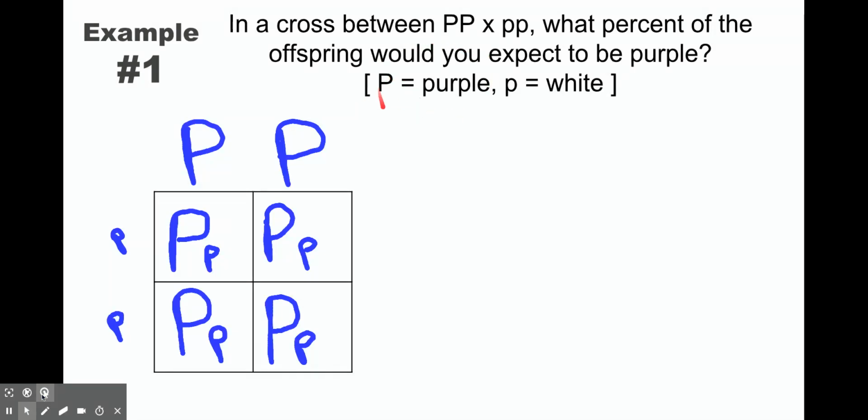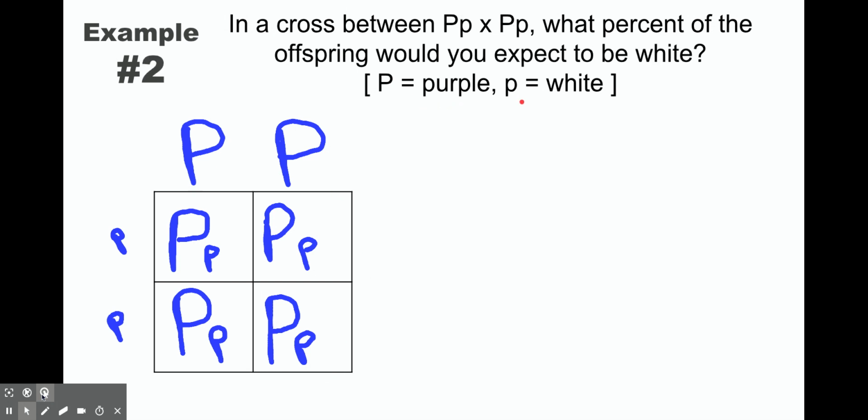So we have to remember what these different letters mean and what they mean for what the flower looks like. So this big P is our dominant allele. If you remember from yesterday, we said if you have the dominant allele, if you have a big letter, that trait is going to show up. So in any of these where we have a big P, it's going to be purple.